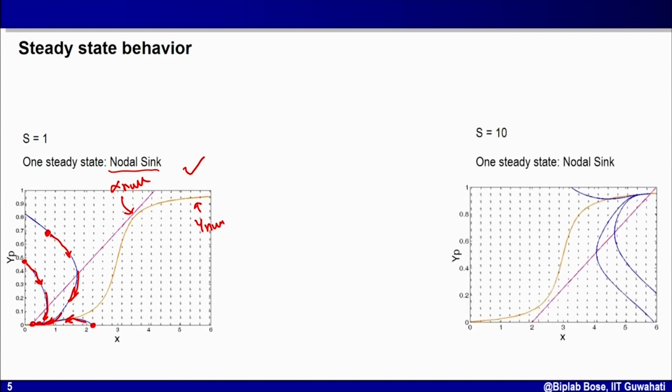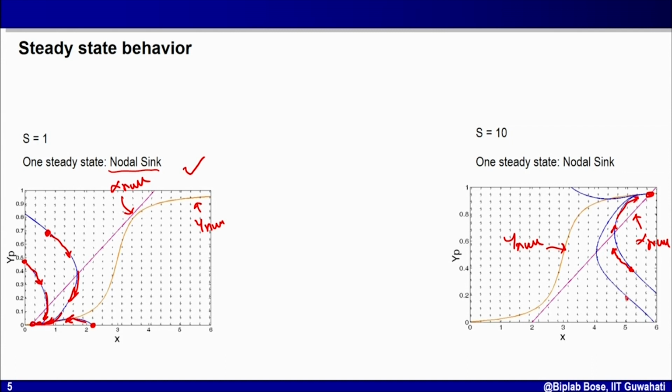What happens if I have a higher value, S equal to 10? Then again, this is my one null line, that is the X null. This orange one is my Y null line. And I have one point of intersection here. The phase portrait says that if I start from here, suppose t equal to 0, then I will move along this blue trajectory and collapse here.